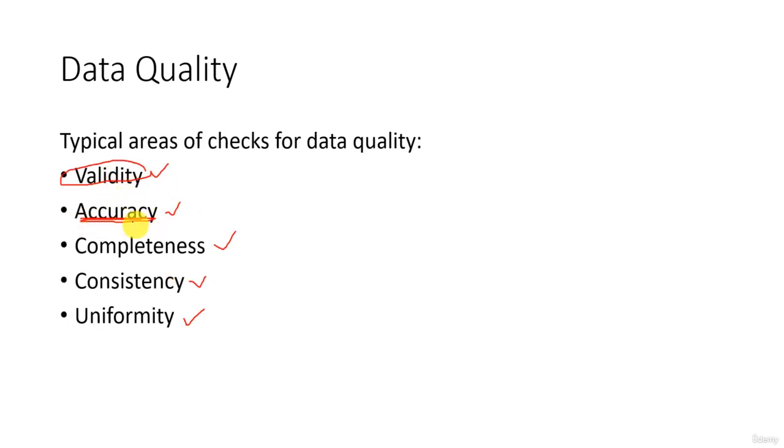Accuracy basically means the true value should be equal to the measured value. Completeness tells us how much data we have collected. Consistency means that the attributes agree with each other. And uniformity tells us the values that we have collected should be in a uniform scale. So that is all about data quality.